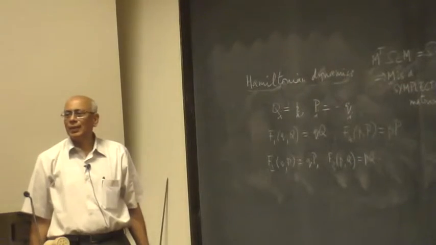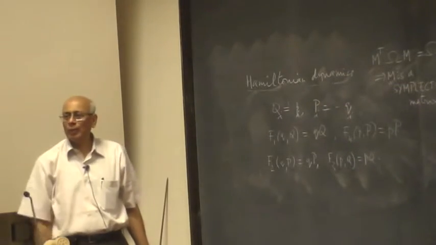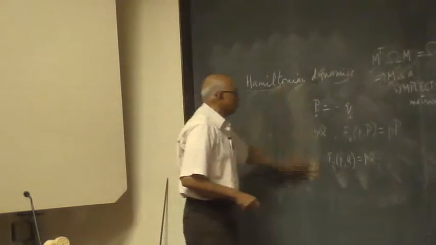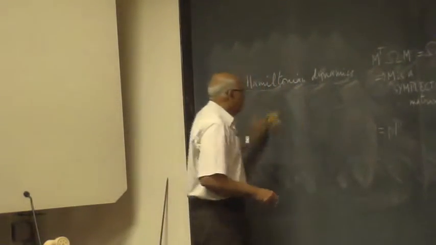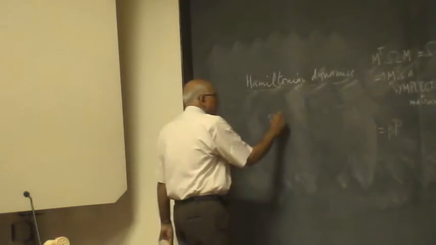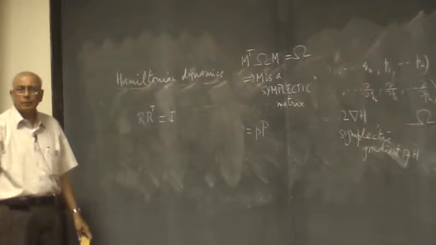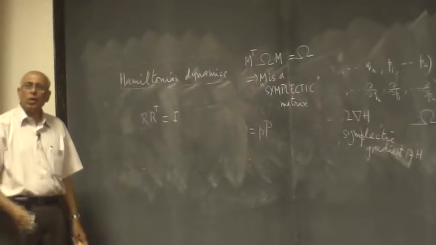Not quite. No, but it's getting close to it, because if you recall what happens in the case of rotations, you know that a rotation matrix satisfies R transpose R equal to the identity matrix. Okay. It's orthogonal.